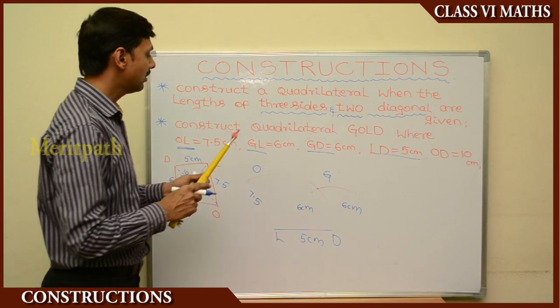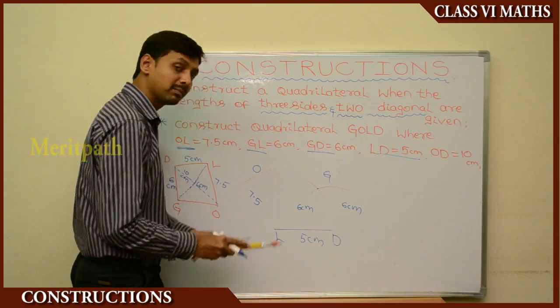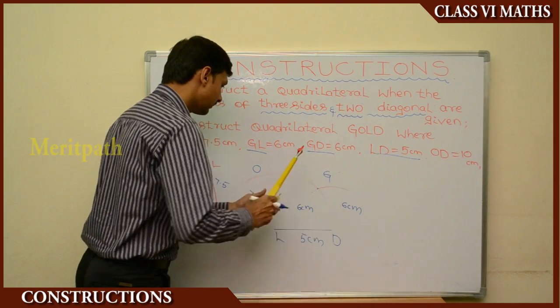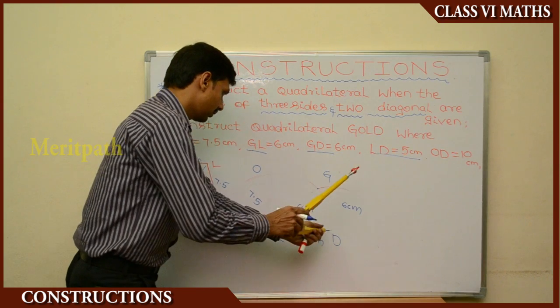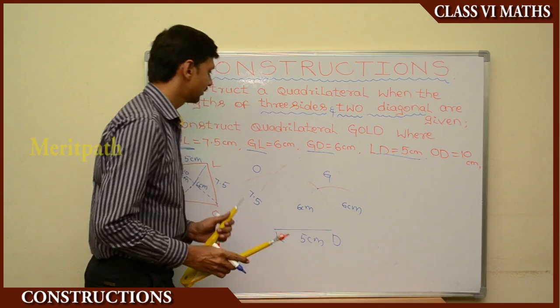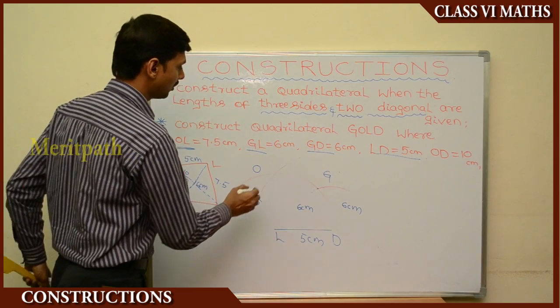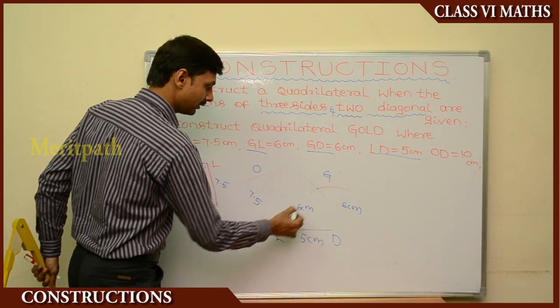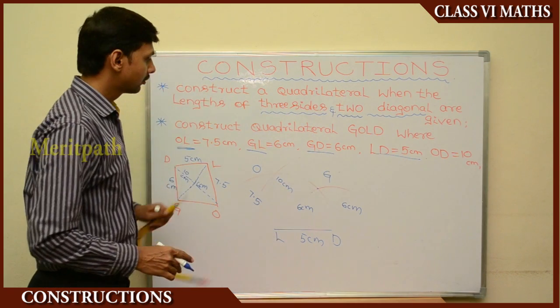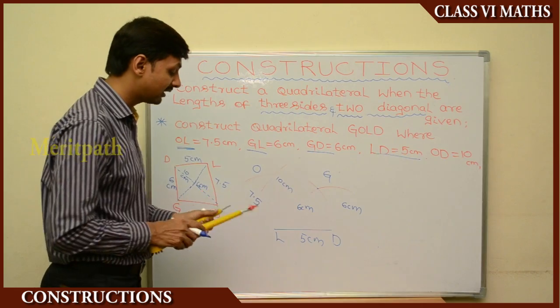OD is left. So let's take 10 centimeters radius on compass, and O and D we need to join, 10 centimeters. O and D, let's join this. So OD we join, and this is 10 centimeters. Let's join the diagonals first to understand clearly.